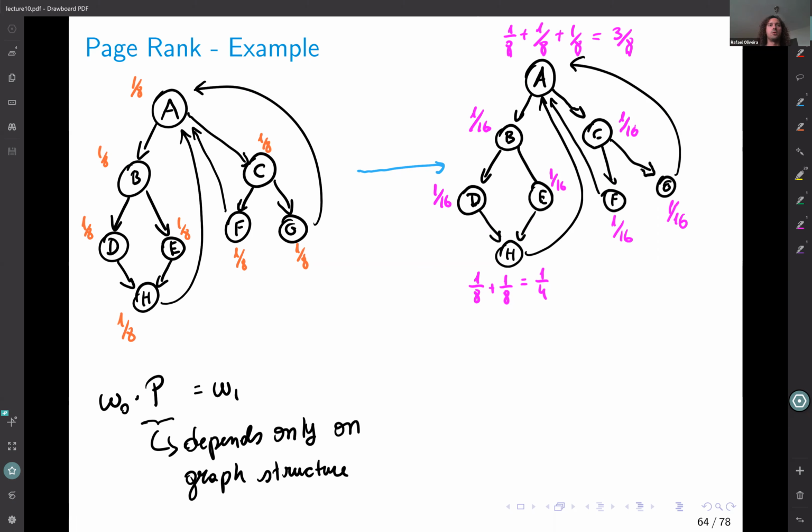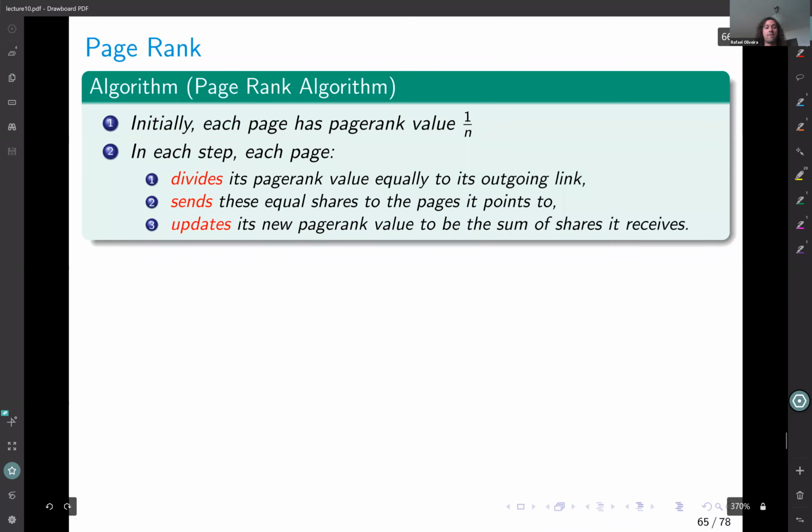So this gives us a Markov chain with the transition matrix P, right? Okay, so we know that PageRank is a Markov process. PageRank is a Markov chain.